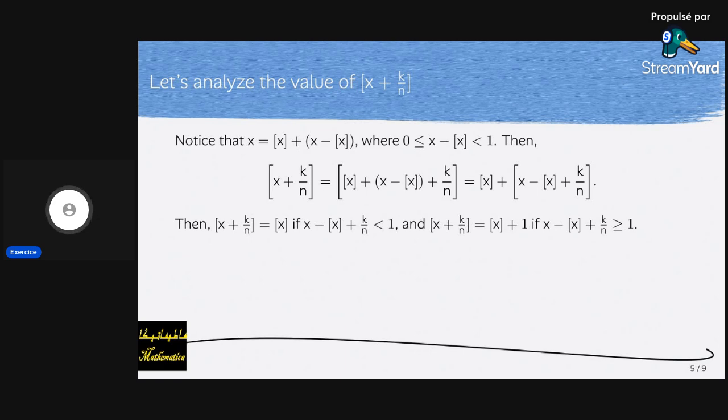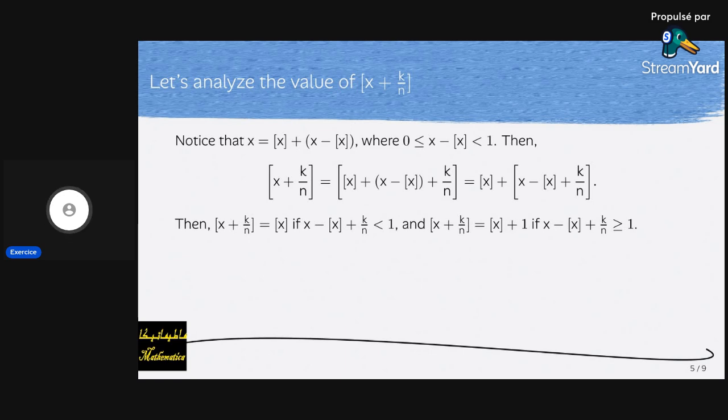Notice that x is the integer part of x plus x minus the integer part of x, where x minus the integer part of x is between 0 and 1. So we will replace the value of x in the Floor function. Then x plus k over n is equal to this expression.